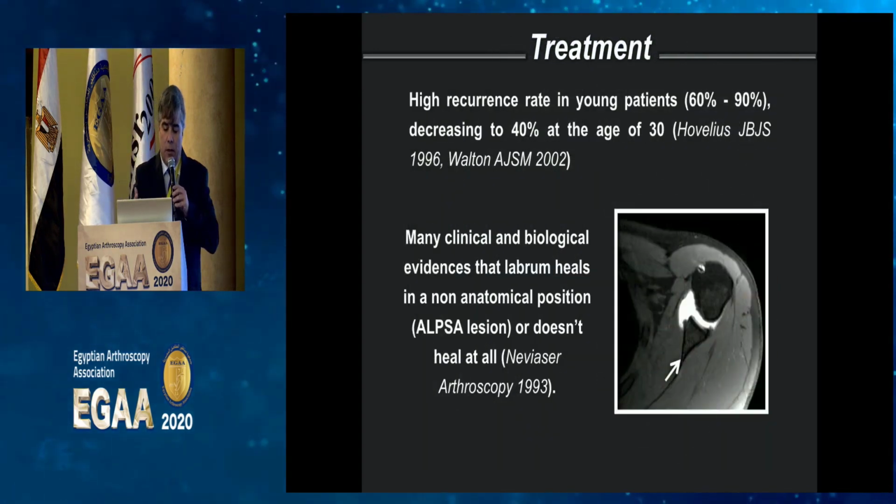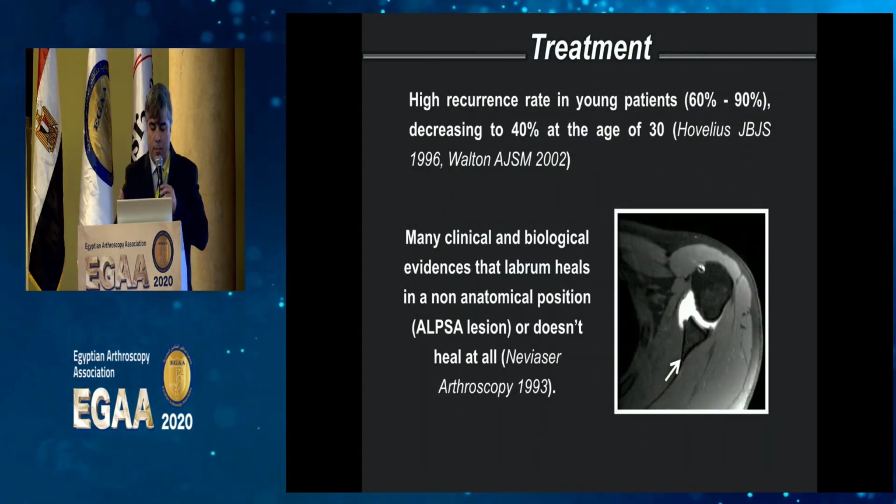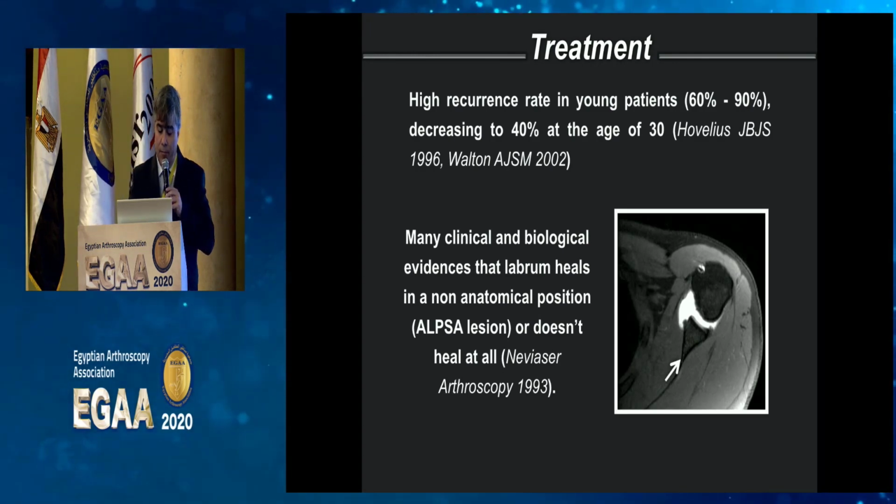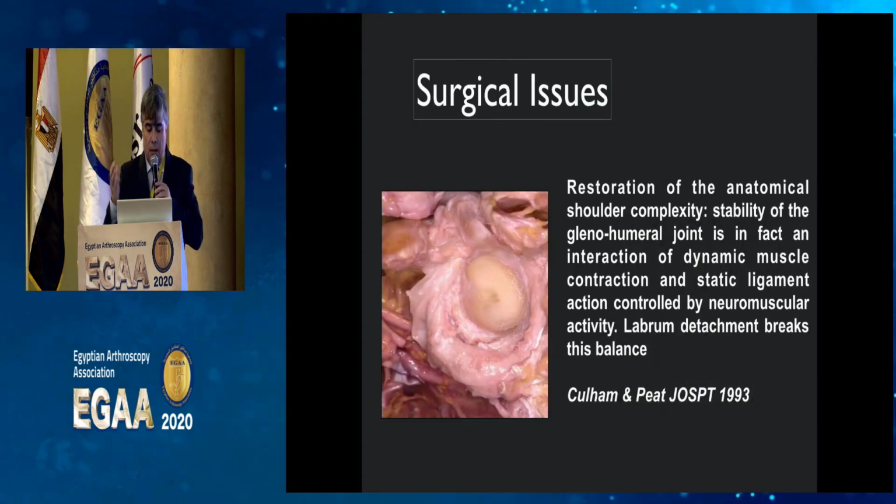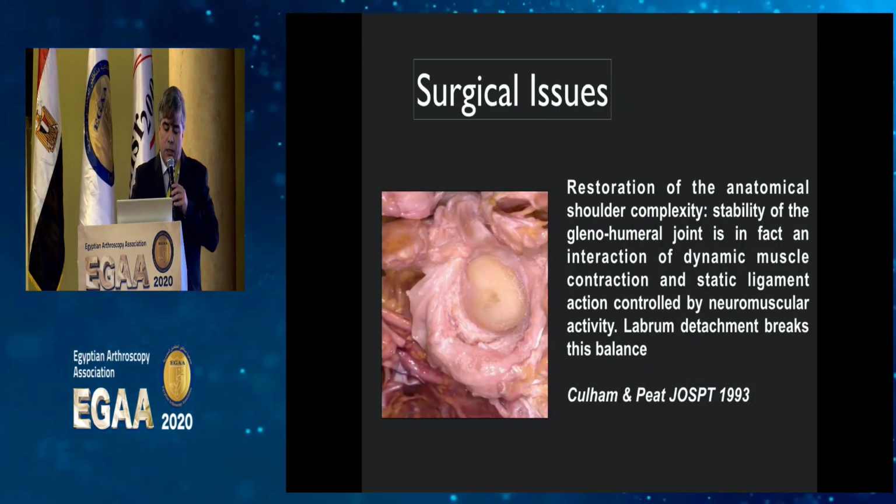So why is the recurrence rate so high, as pointed out by Rowe? Because many of those labral tears don't heal. When they heal, they can heal back here on the glenoid as an ALPSA lesion, and that makes the instability appear. When we look at this picture, we see how complex the interaction is between labrum, muscle, and ligaments.